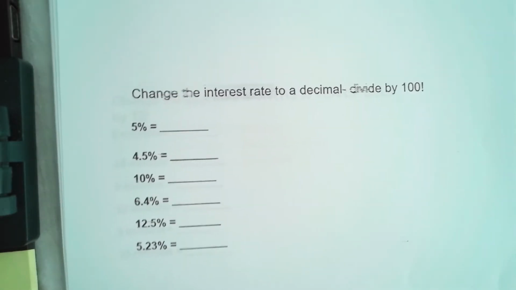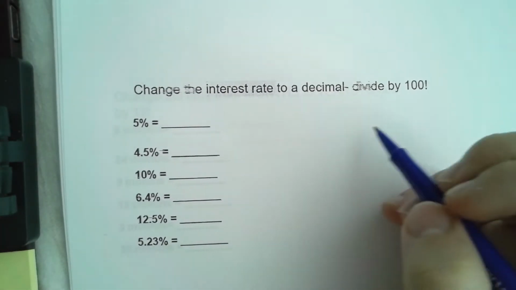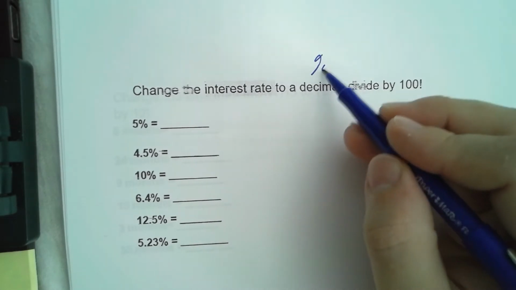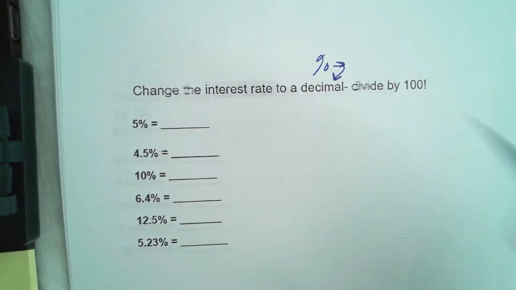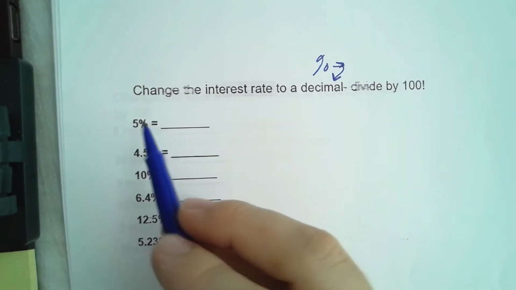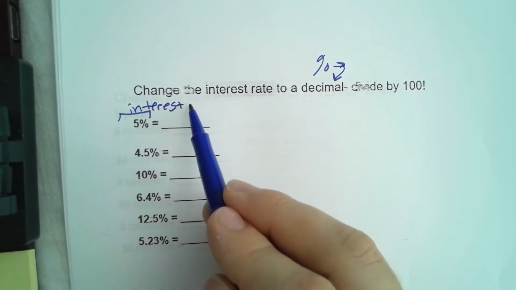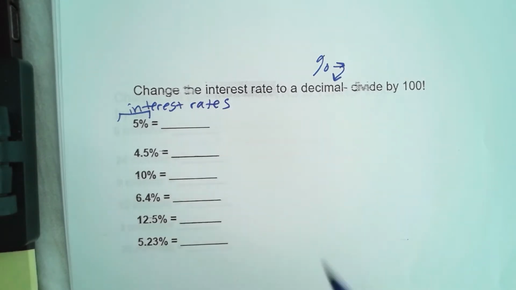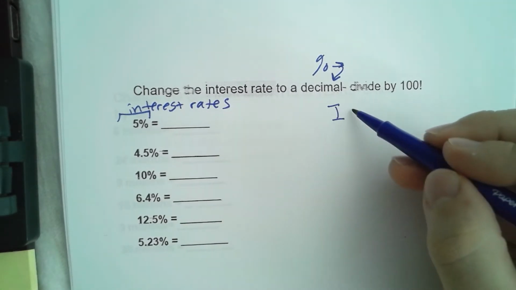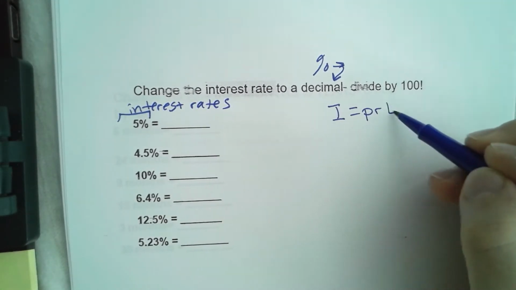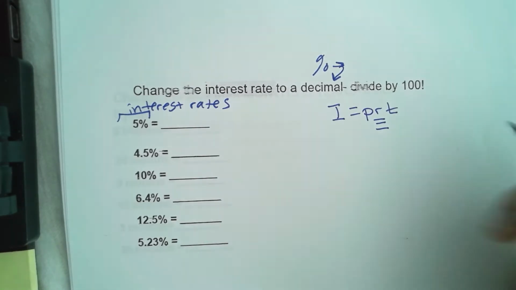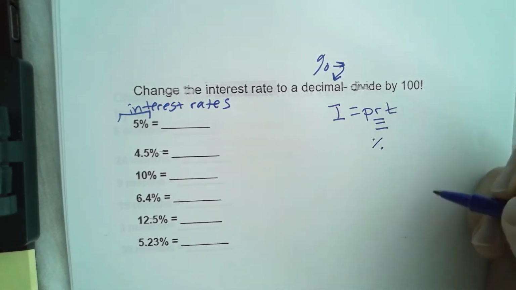So before we start, you need to know how to change percents to a decimal. So these are different interest rates. For when we do the formula, I equals P times R times T, the R is going to be a percent.